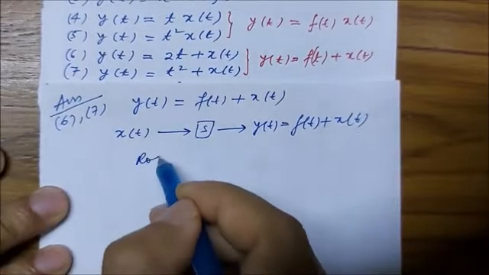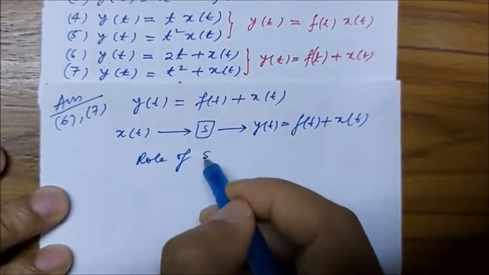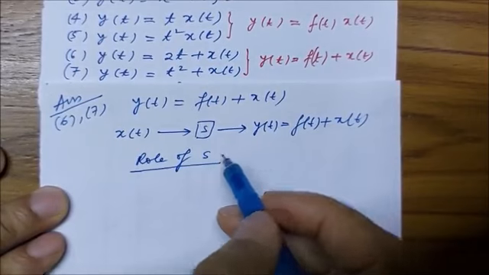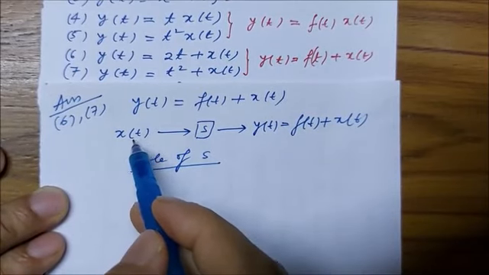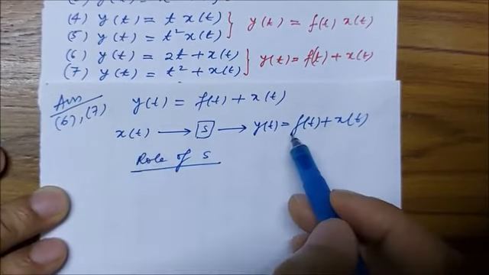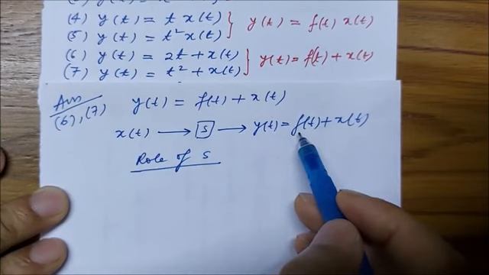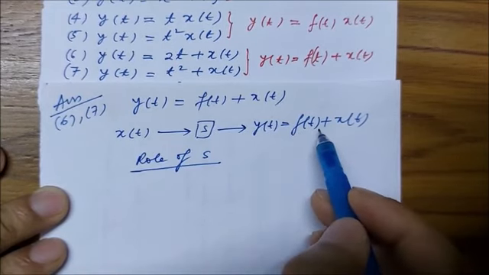So the role of system now is to replace t at the input by f of t in the output as an added term.